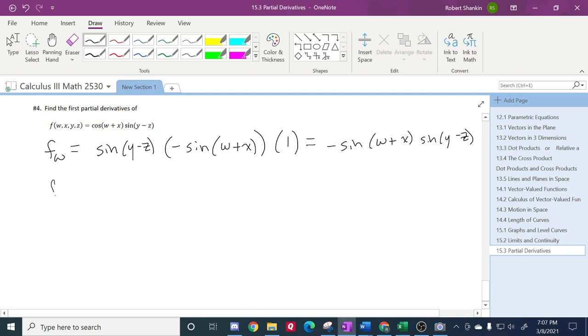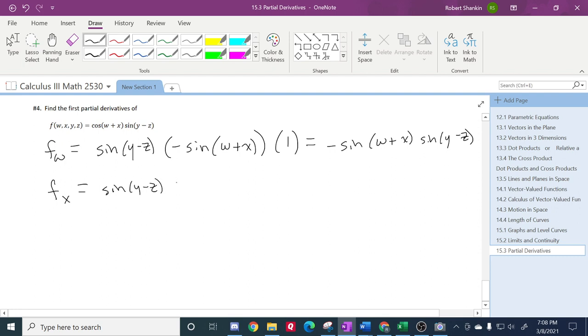Alright, do f x next, and keep on going if you've already done it. Okay, so then this part is going to be constant again.